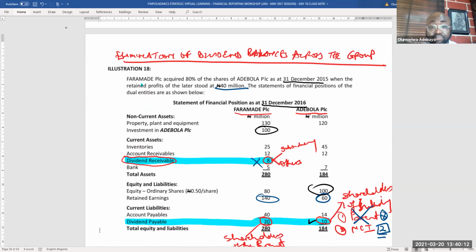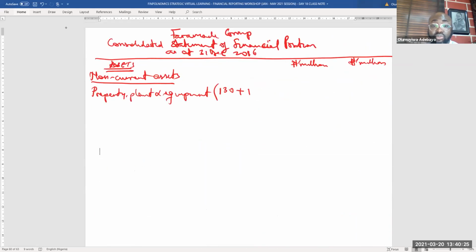If you remember, 130 and 120. You have inventory, 25 and 45. You have account receivable, 12 and 12. Is 250. Investment cancel out. It didn't result in the recognition of goodwill. Rather, it resulted in recognition of gain of bargain purchase.